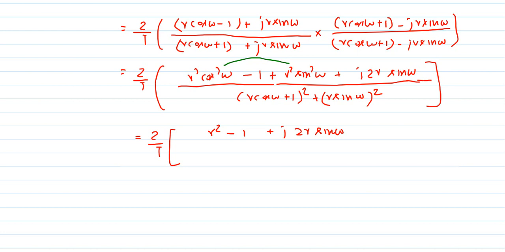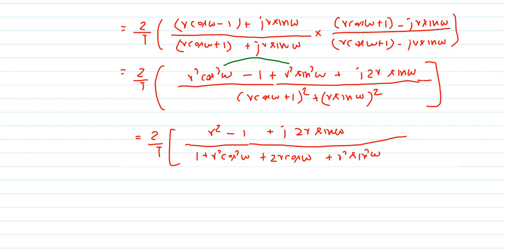Similarly, if I expand the denominator, it will become 1 + r² cos² ω + 2r cos ω + r² sin² ω.